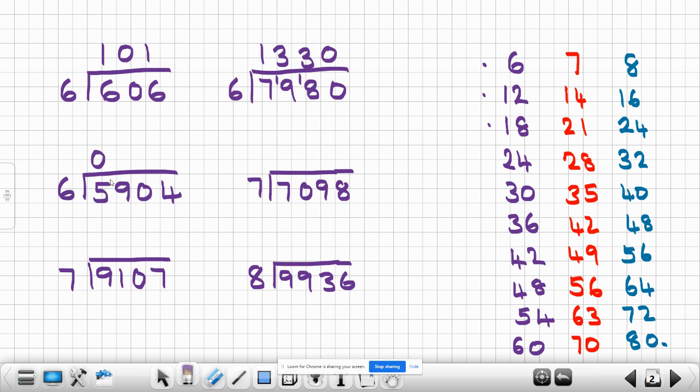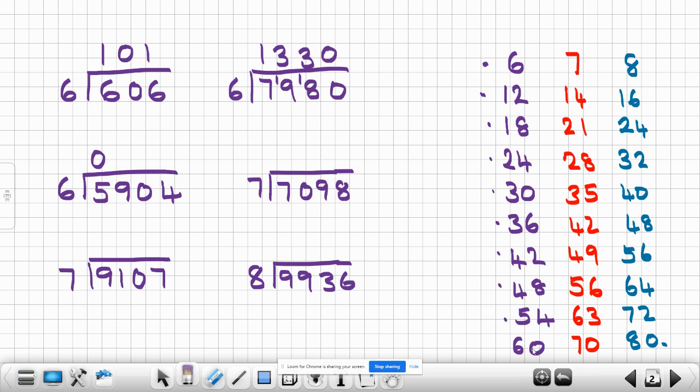And we're now going to use that 5 and put it in front of that 9 to make 59. And now we've got to say how many 6s in 59. And here you may well want to go back to your table. So let's see, we've got 1, 2, 3, 4, 5, 6, 7, 8, 9, and we get to 54.